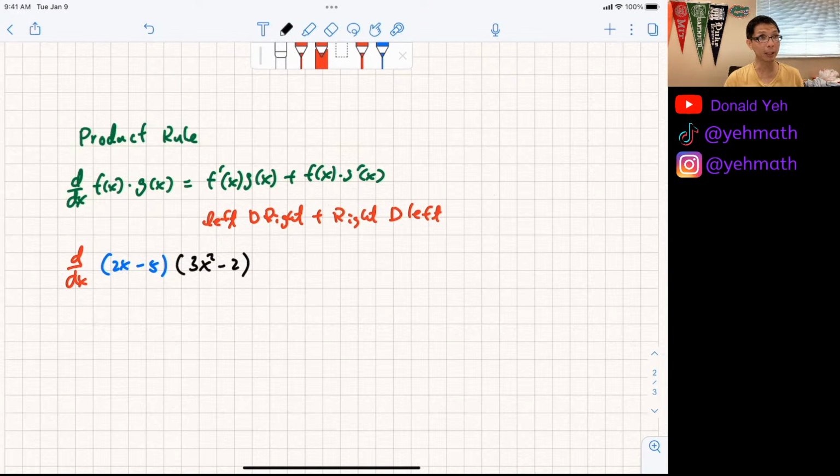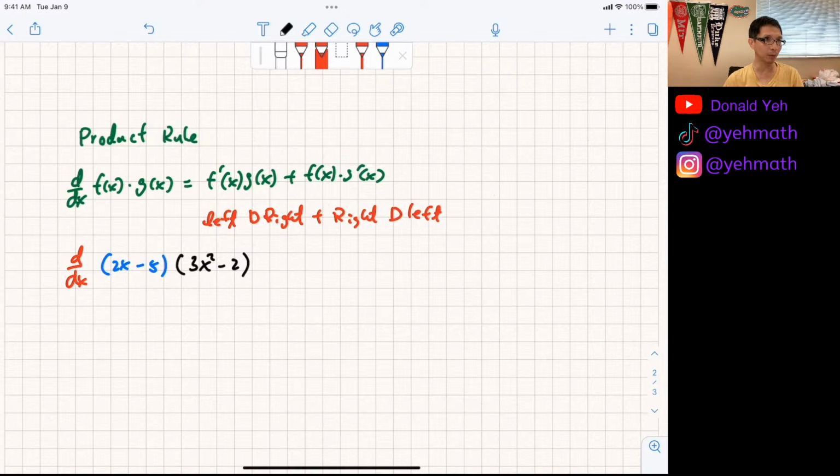And I want to take the derivative of those two functions. Now, ideally, you can probably say, Mr. Ye, I don't really need to take the derivative of two functions. I can always distribute it and take the derivative with the power rule. Yes, it will work. But for today's purpose, you guys have to know product rule.